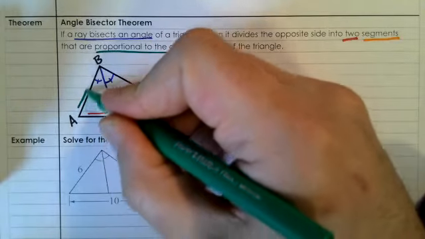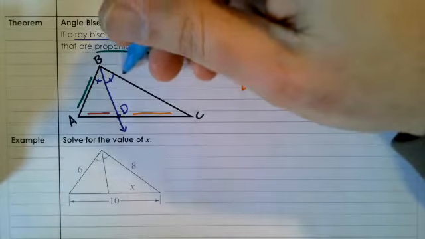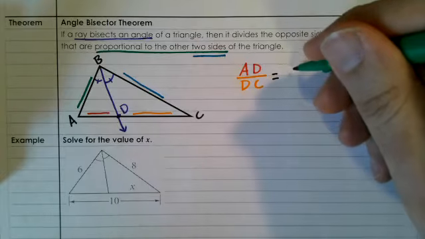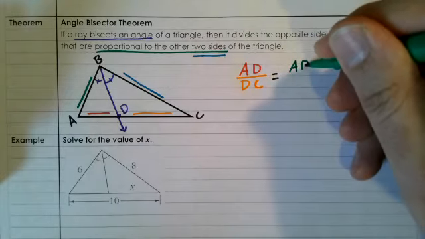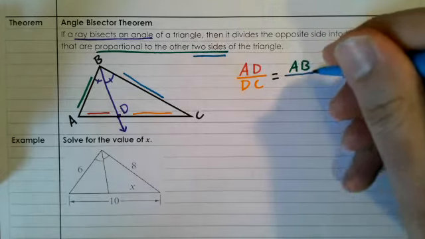So we've got this AB over here and our BC over here. So we can say that's going to be the same as AB over BC.